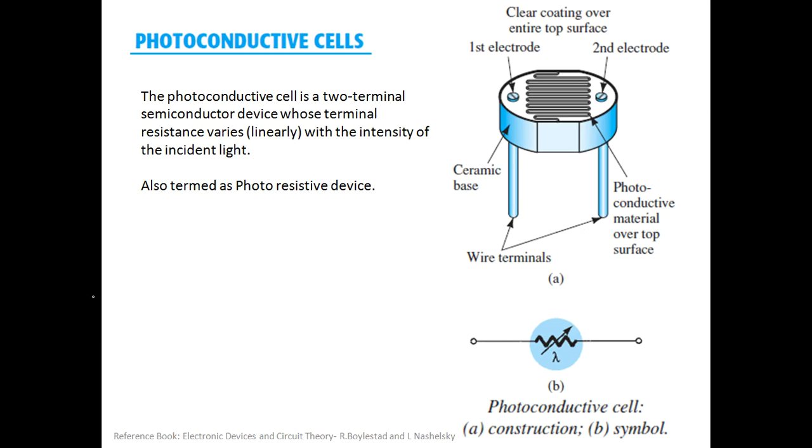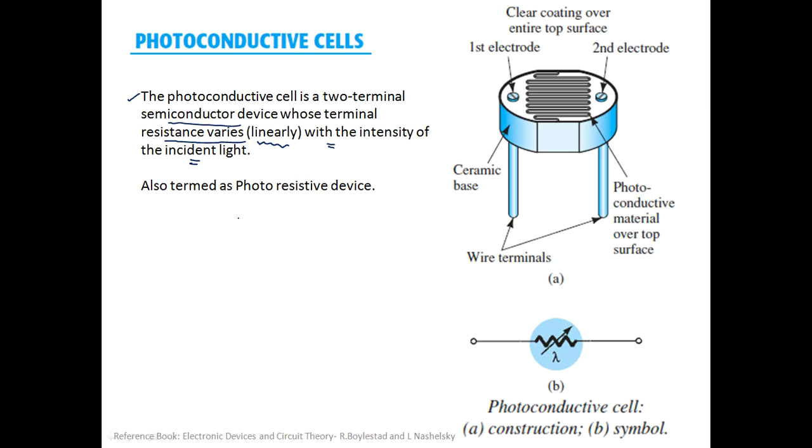So in principle, a photoconductive cell is a two-terminal semiconductor device whose terminal resistance, please focus on this word, whose terminal resistance varies linearly with the intensity of the light. Okay, so again here input is light, output we are not bothered about the voltage or the current, we are bothered about the output as a variation in the resistance.